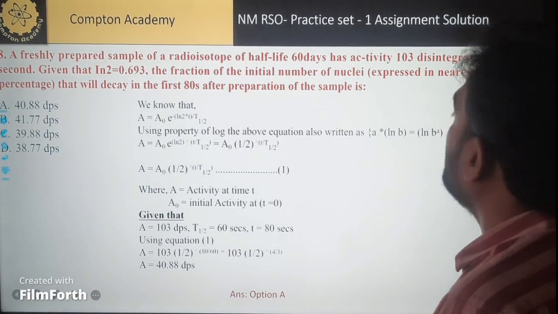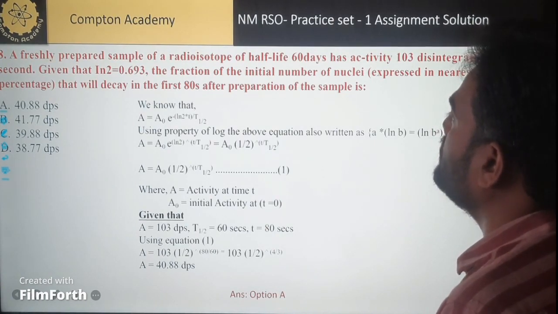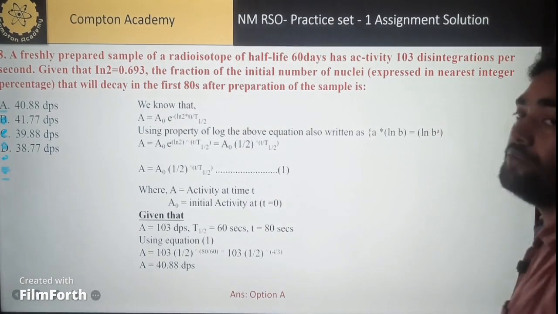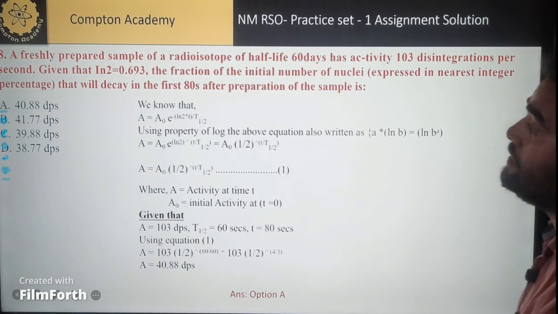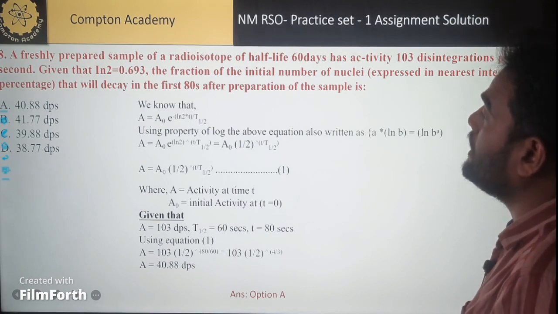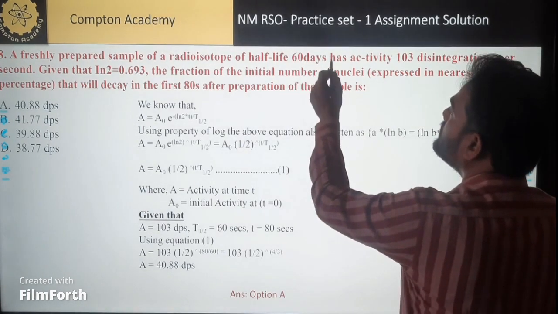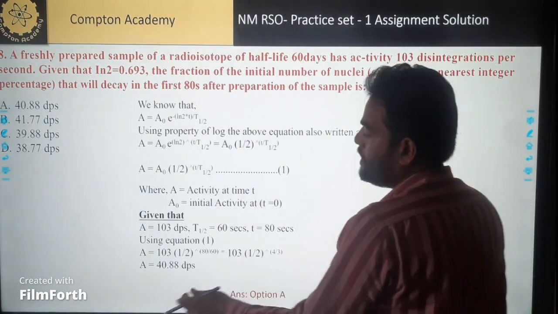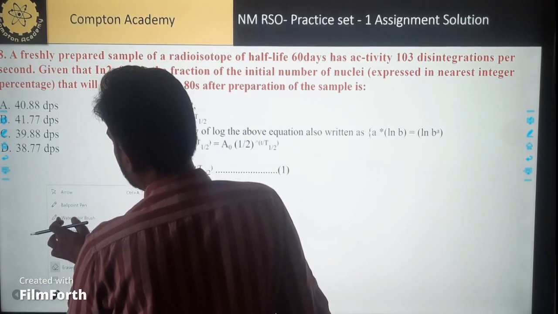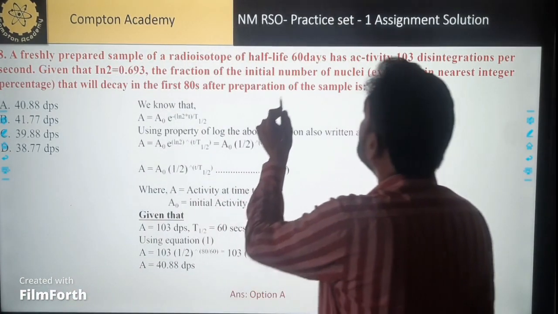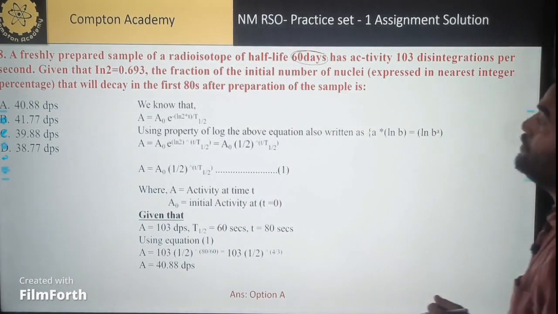Given that the ln2 value is 0.693, find the fraction of initial number of nuclei, expressed in the nearest integer percentage, that will decay in the first 80 seconds after the preparation of the sample. Here 60 days is mentioned wrongly; it is not correct, it is 60 seconds. So by considering this correction, we will calculate this question.